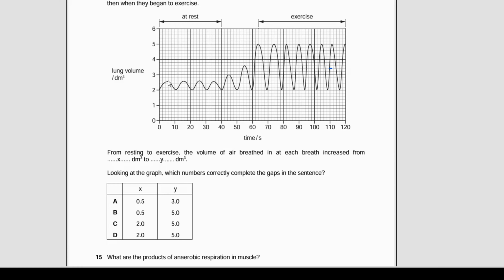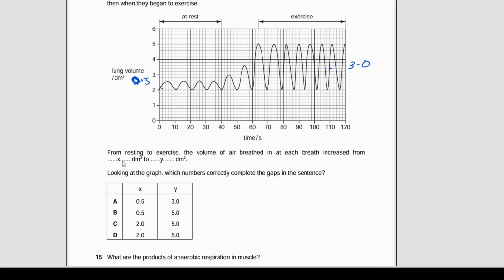It's not 2.5, it's 0.5. Starting from 2 and moving to 5, so the overall is 3.0.